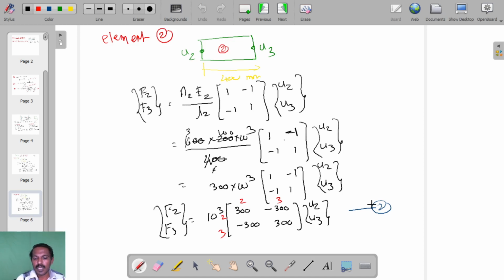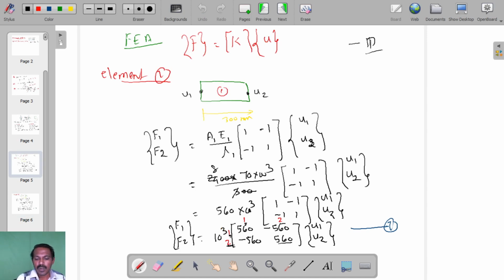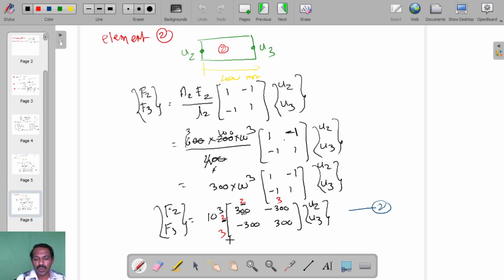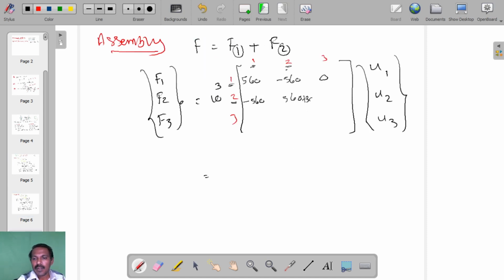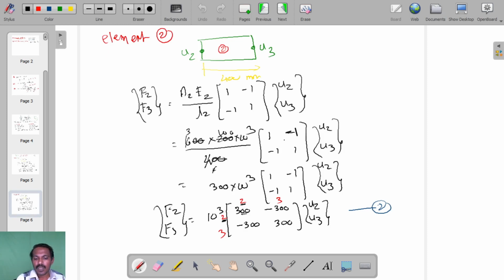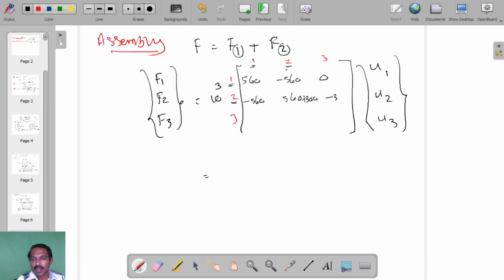Then equation 2: you see in equation 2, the second row, second column has a value of 300. Already in equation 1 the second row, second column is there, and in equation 2 the second row, second column is there as well. So you add the 300 value. Same for the 2, 3 value: in equation 2, the second row, third column value is minus 300.